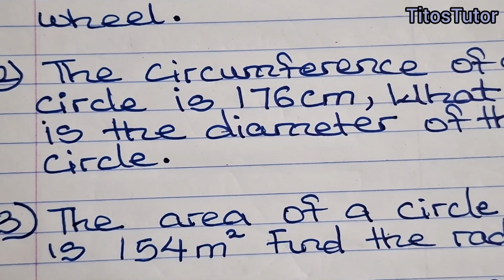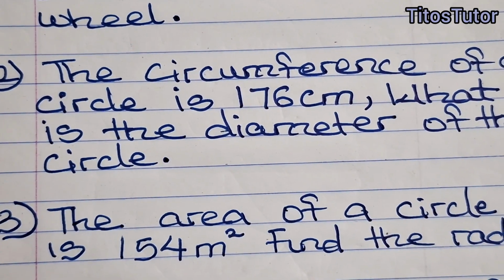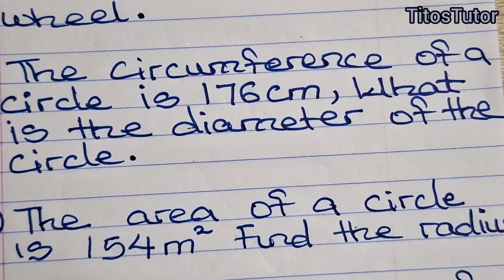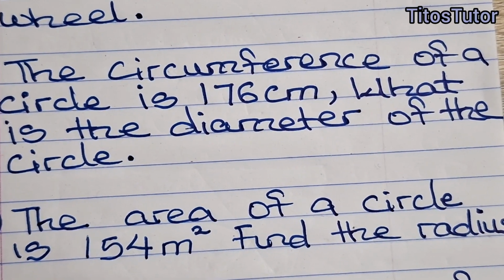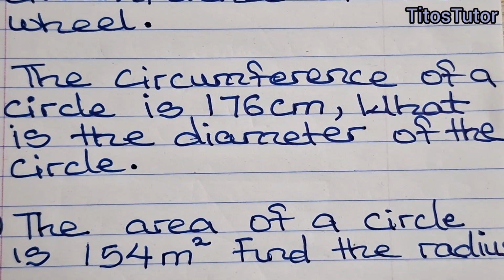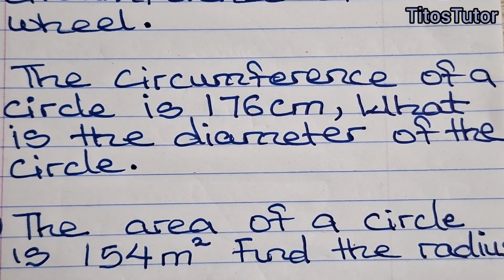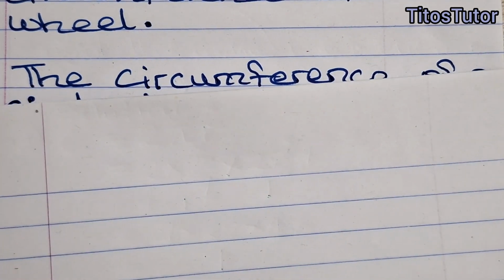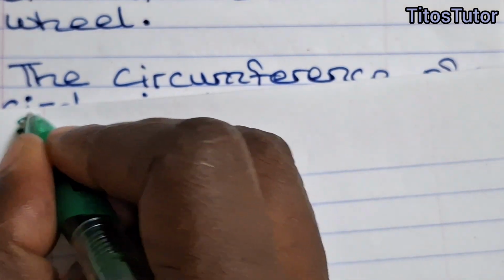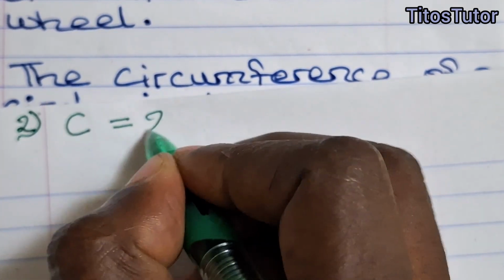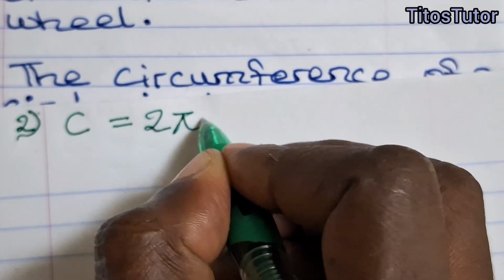Here's the second question. It says, the circumference of a circle, now it was circumference that was given, is 176 cm. What is the diameter of that circle? Okay, so remember, solution to question 2. Remember that circumference is given as 2 pi r.